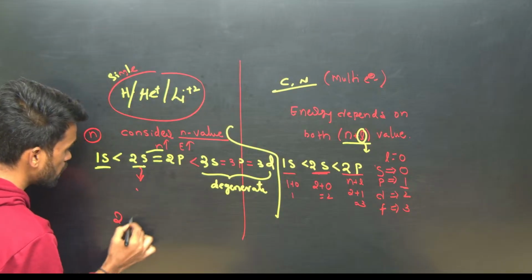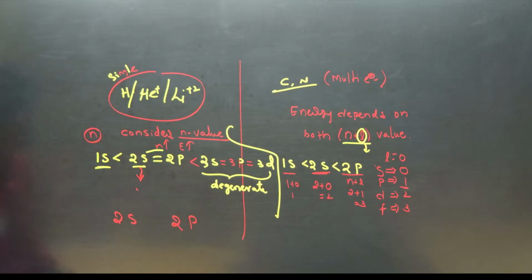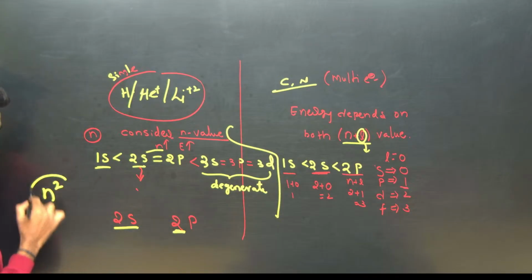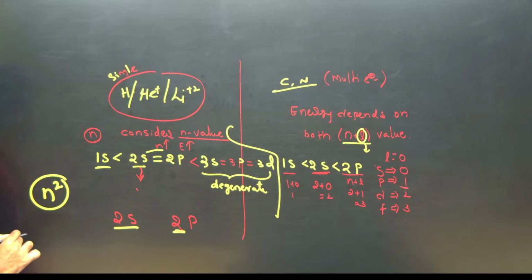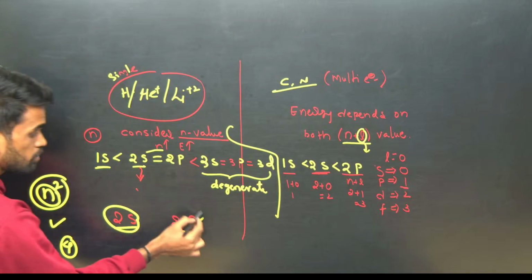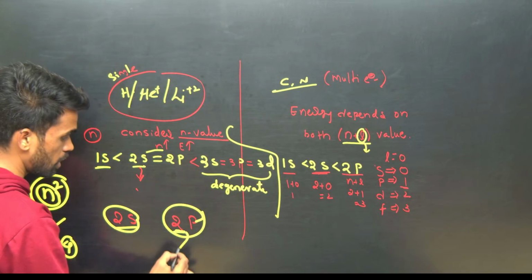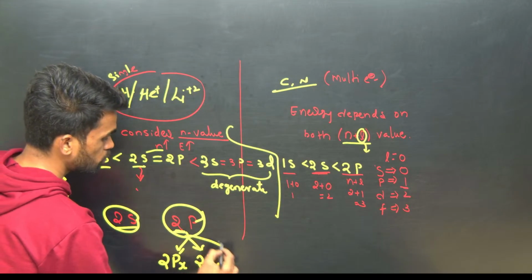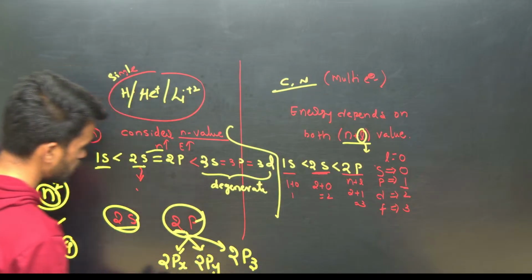So now 2s, 2p are degenerate states we are seeing. What is the n value here? We have 2 right now. So you just take n square, so that we get the number of orbitals present in that particular n value. In a particular shell, how many orbitals are present comes from its n value. Here I am saying 2, so 2 square means 4, of which 1 is 2s and the remaining 3 are 2p's: 2px, 2py, 2pz. So like this, how many total orbitals do we have now?